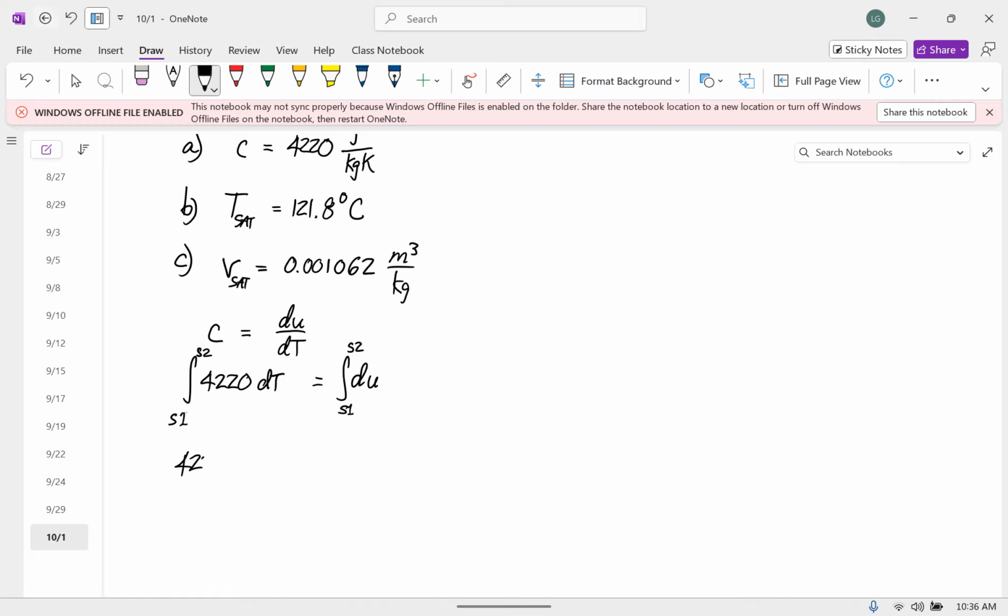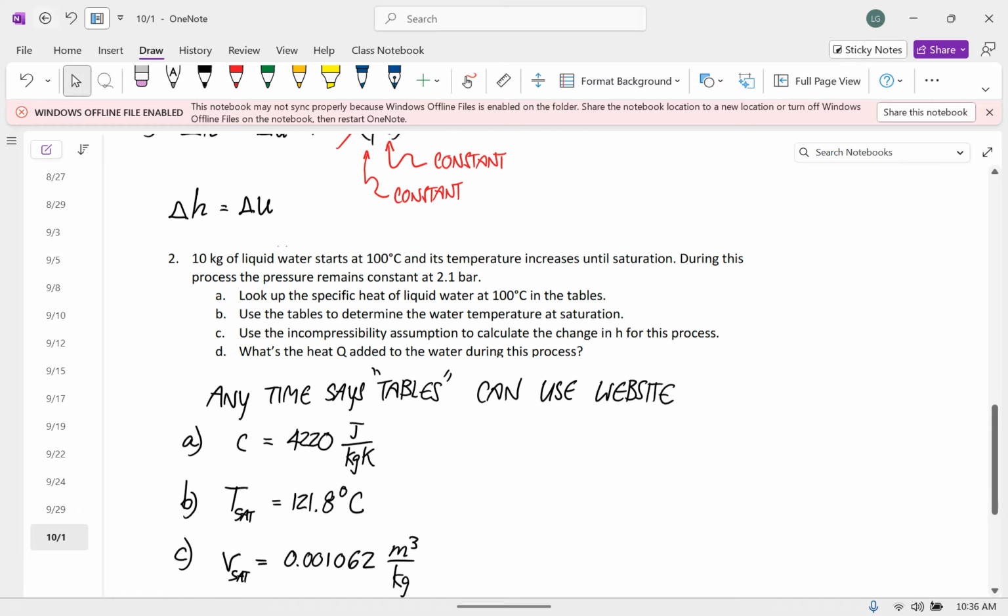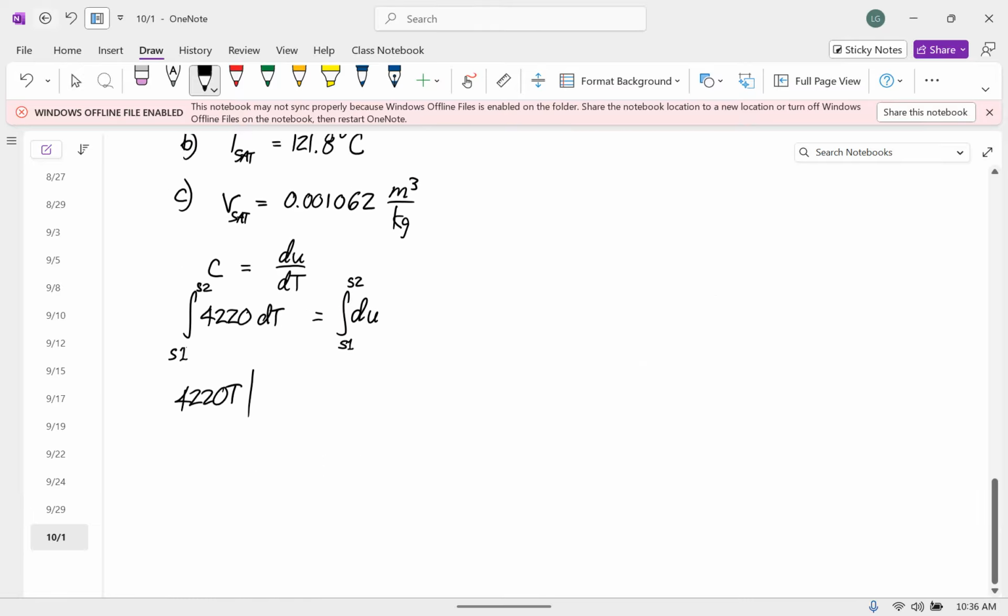So that's 4220 times the temperature evaluated from 100 degrees Celsius to 121.8, and that's equal to u evaluated from u1 to u2, which is just delta u.